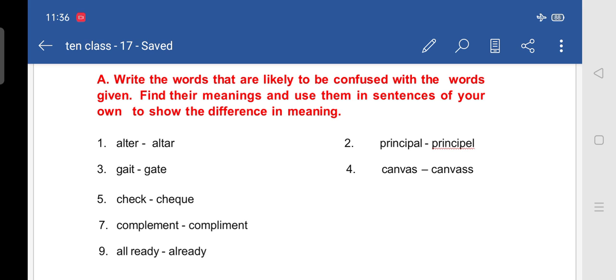I have already written the confusing word for you, so you have to find the meanings for all these words and frame your own sentences using them.